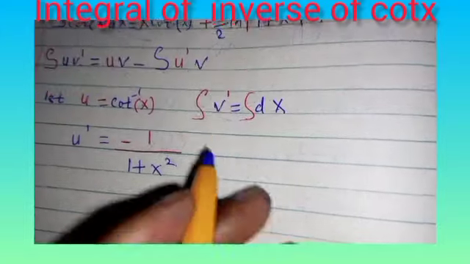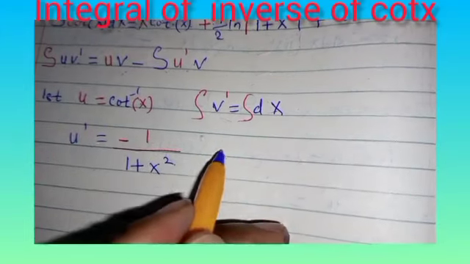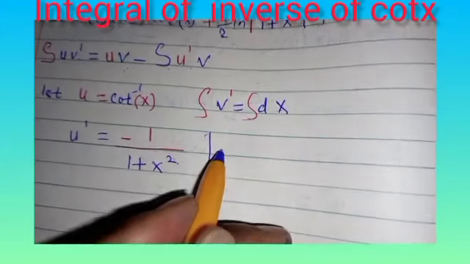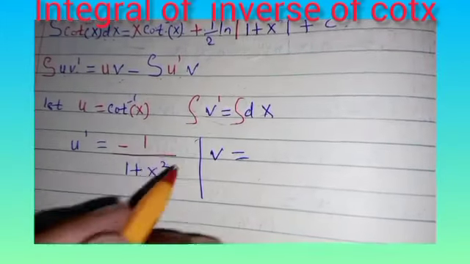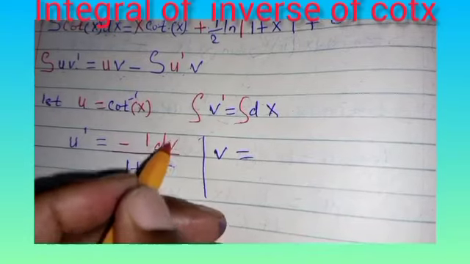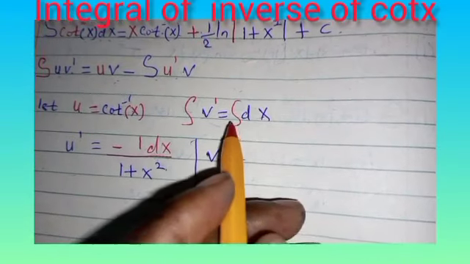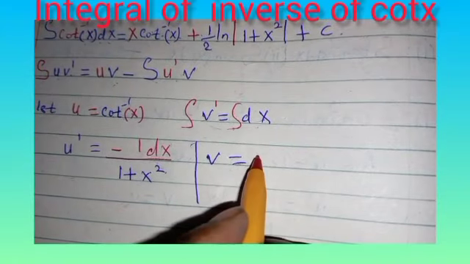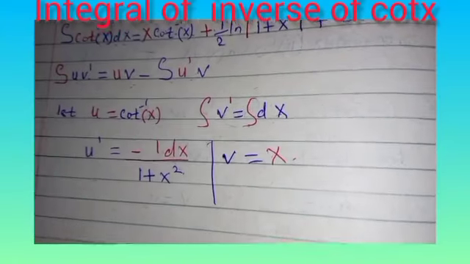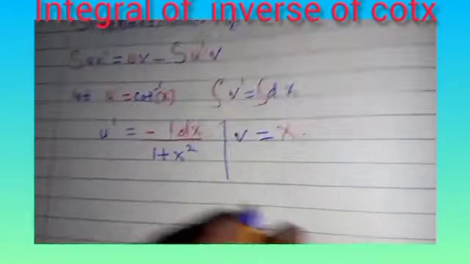The integral of v prime, differentiated, will give you v. And of course, there is dx here. When you integrate dx, the result will be x. So that is what we have. We are going to substitute in this formula.